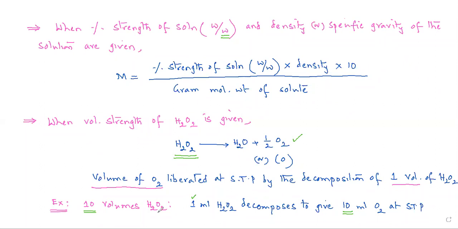Okay. Now, when volume strength is given, let me just give you the relation. You can actually see this in detail in some basic concepts of chemistry video if you want more clarity on this.